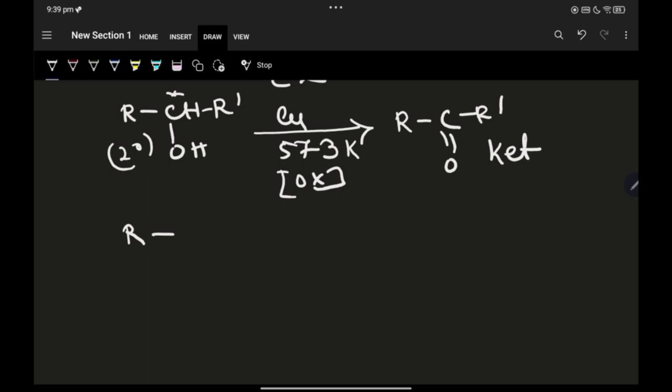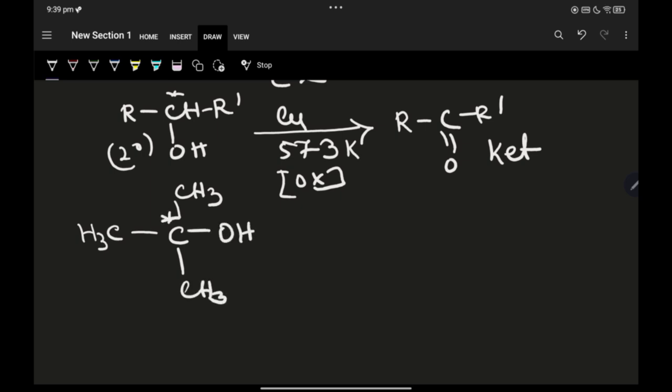You try to do the same thing with the 3 degree. I will not give actually R, because I need to give you the specific product. Suppose I take CH3, CH3 and a CH3OH. Now this carbon atom having OH is a 3 degree, so the alcohol is 3 degree, and I give you copper 573 Kelvin. So 3 degree alcohol will not undergo oxidation.